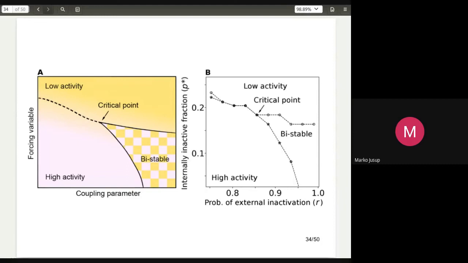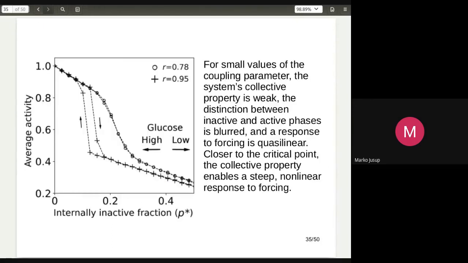And this bistability really opens up when cells are very strongly coupled. We actually don't think that beta cells are so strongly coupled. They should be on the left side of the critical point, but still, from what our results suggest, they reside very near the critical point. And this is exactly what enables them to respond to glucose collectively.